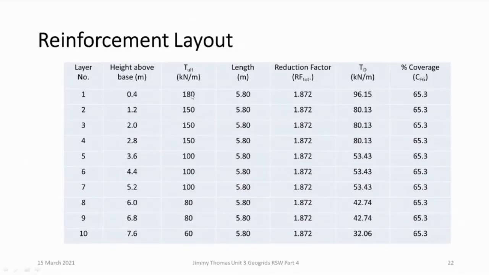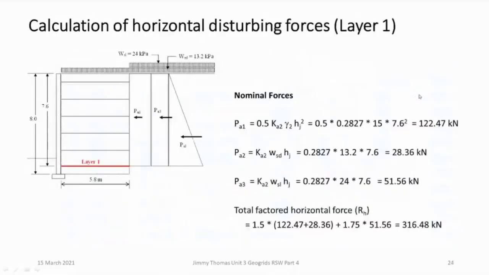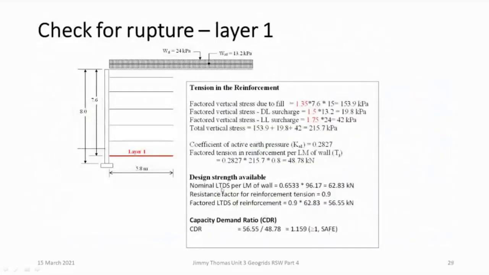That means we have divided the ultimate tensile strength by all the reduction factors. We get 96.15. The coverage ratio is 65.3%. So the nominal LTDS per linear meter uses the coverage factor: 0.6533 into 96.17, which is 62.83 kilonewton.